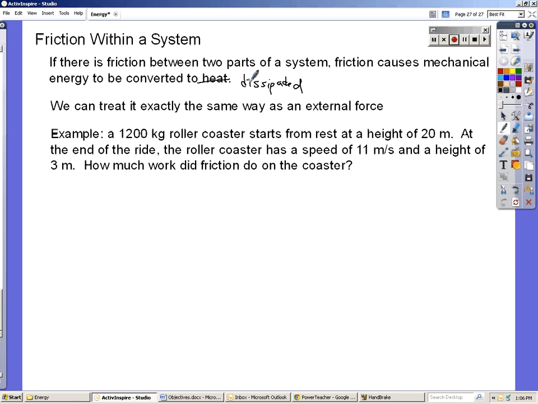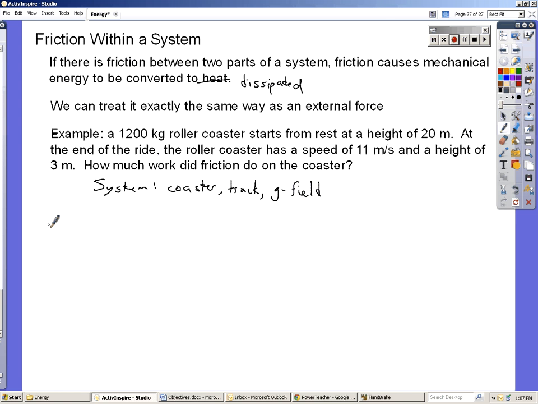So in this example, we've got a 1,200 kilogram roller coaster, starts from rest, height 20 meters. At the end of the ride, the roller coaster has a speed of 11 meters per second and a height of 3 meters. So the question is, how much work did friction do on the coaster? Well, our system here is the coaster, the track, and the gravitational field.